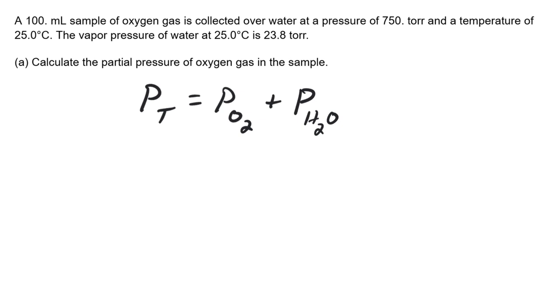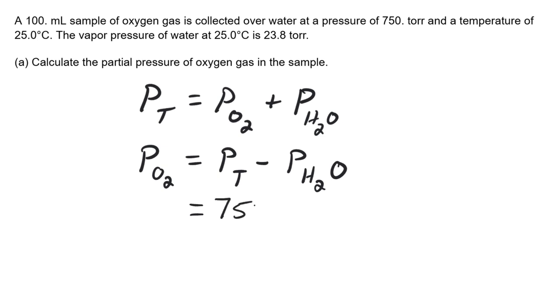And so we want to solve for the partial pressure of oxygen, which means let's rearrange our equation. The partial pressure of the oxygen gas is going to be equal to the total pressure minus the partial pressure of the water vapor. And we know the total pressure is 750 torr. And we know that the partial pressure of water at this temperature is 23.8.